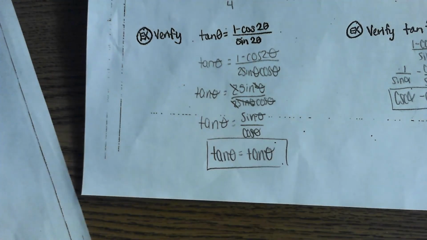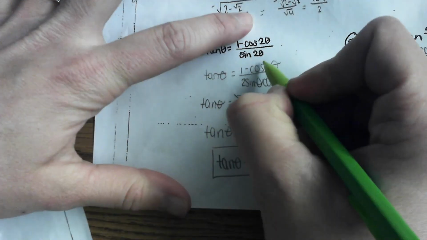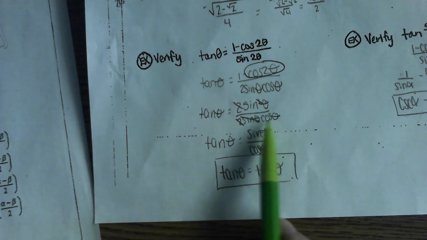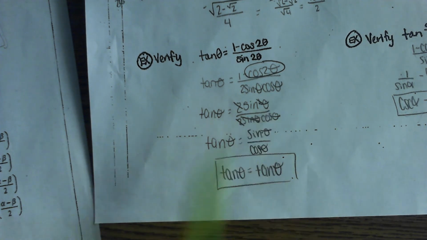I'm just going to look at Bailey's here. The only trouble, Bailey, I have with this is you did the same thing I did, I'm pretty sure, but you're not showing it. I'm not actually seeing what you've replaced that with. You just went right to a simplified form.